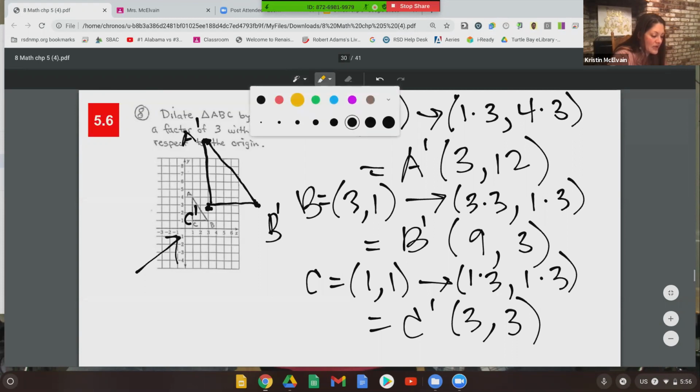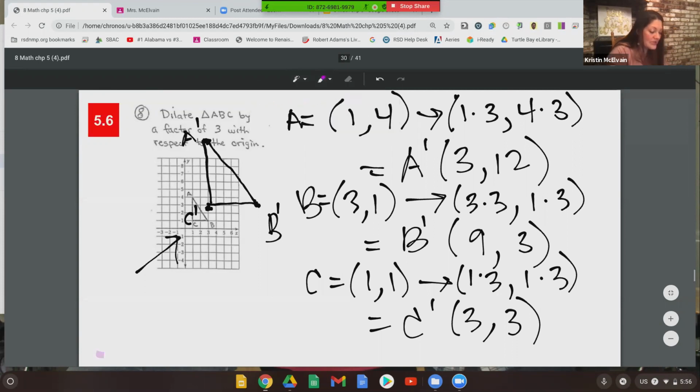Let's see, I'm going to use purple. So if you were to have a straight edge, which just never works with my touch screen here, but if I were to go from the origin, not too bad. With respect to the origin, it should kind of go out as you see the dilation get bigger.